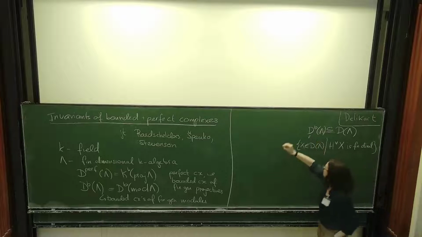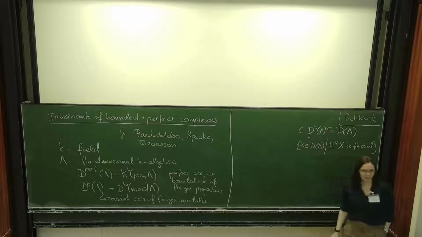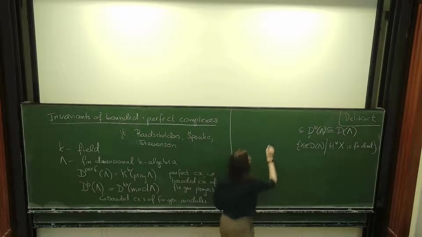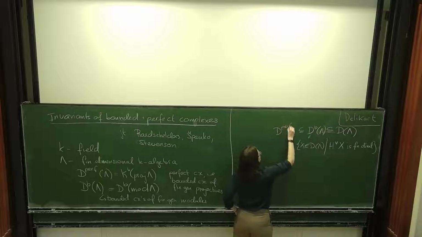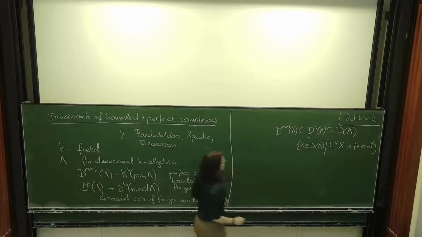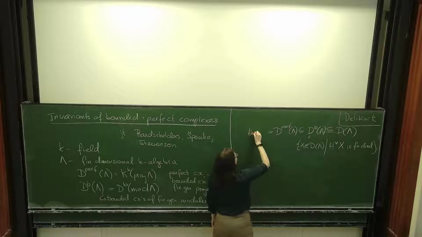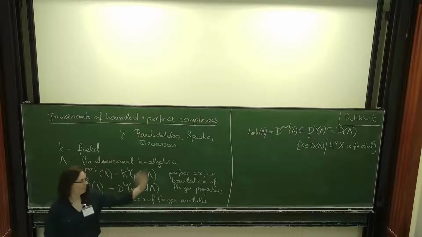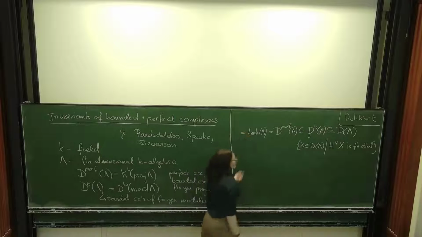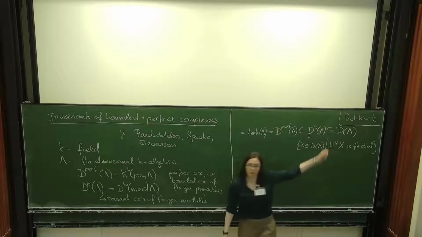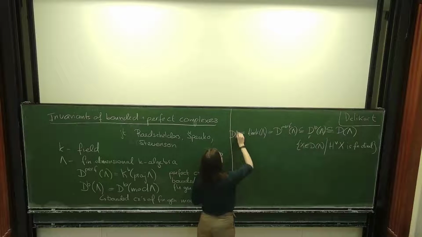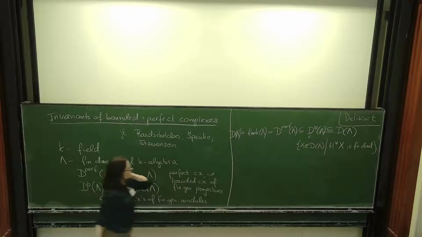Within there, I have my perfect complexes, right? Not all finitely generated bounded complexes, just the ones made up of finitely generated projectives. And so I can just think of that as the smallest thick subcategory containing lambda itself as a module over itself, which I can describe intrinsically as just the compact objects within my derived category. So that's what we have.